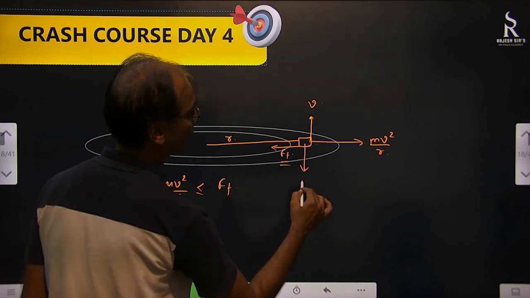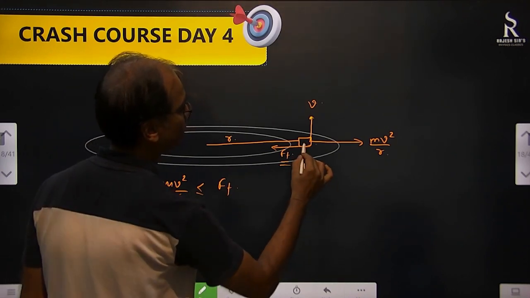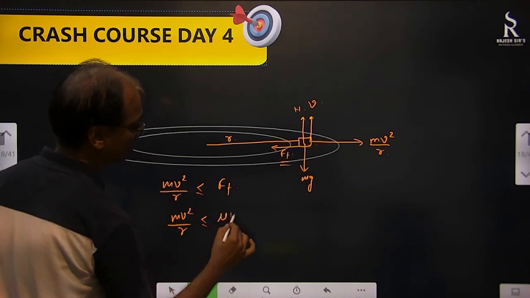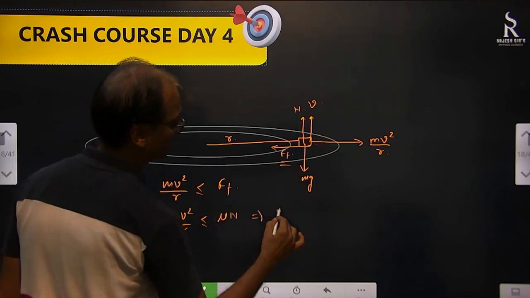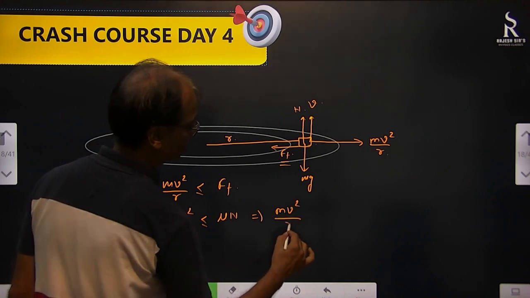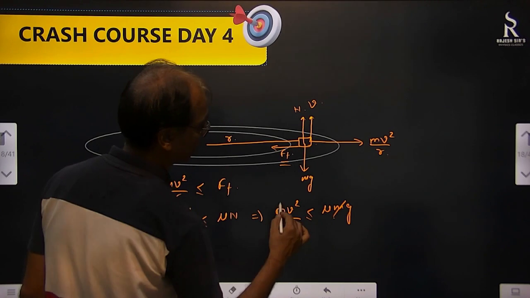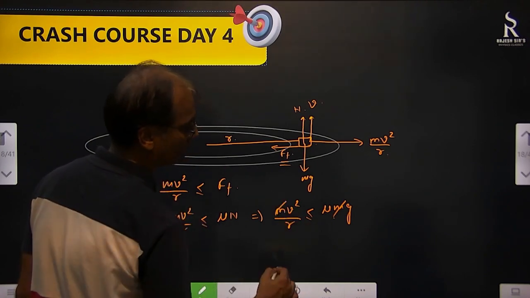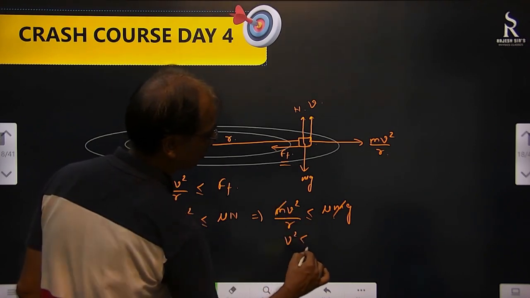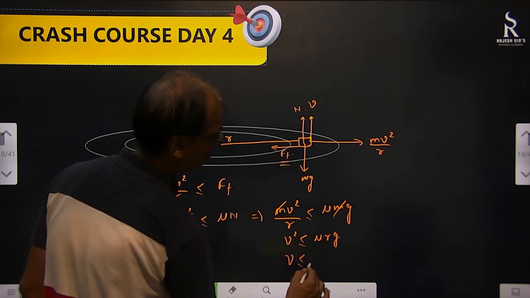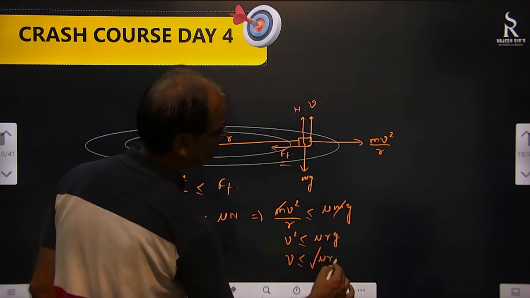So here mg is acting directly, and that's equal to the normal contact force. So we'll say mu N. Again one more step, mv square by r should be less than or equal to mu mg. m and m get cancelled. So v square is less than or equal to mu rg, or v is less than or equal to root over mu rg.